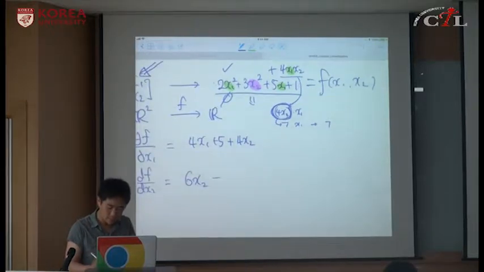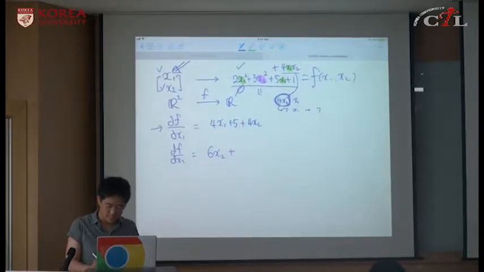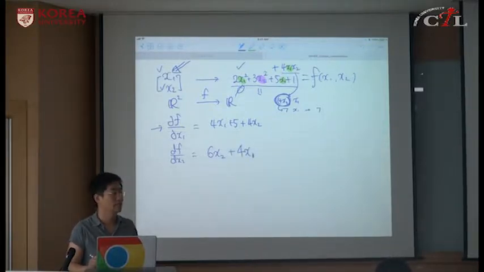And then similarly, when computing the derivative with respect to x2, it will be obtained as 4x1, right? So far so good, right?